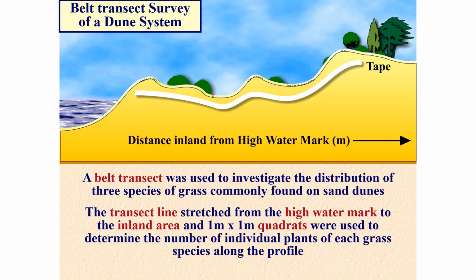Now, in this particular example, a belt transect was used to investigate the distribution of 3 species of grass commonly found on sand dunes. The transect line stretched from the high water mark to the inland area, and 1 meter by 1 meter quadrats were used to determine the number of individual plants of each grass species along the profile.